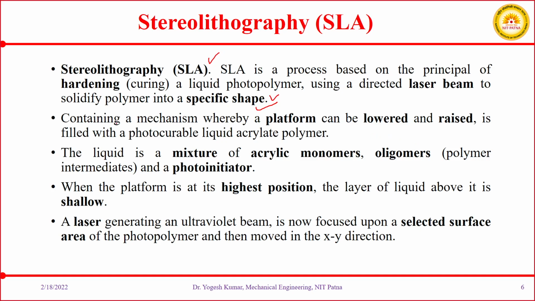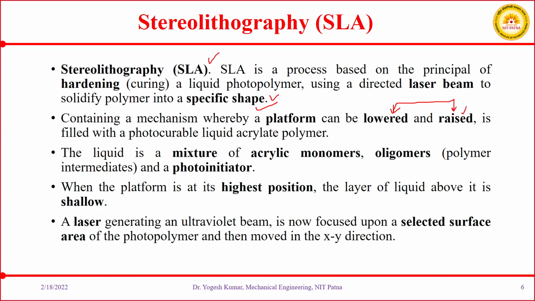The container has a mechanism whereby a platform can be lowered or raised. There are basically 2 types of processes. You may fill the photopolymer in the container, and as soon as your first layer is solidified, you lower the platform by the layer thickness.